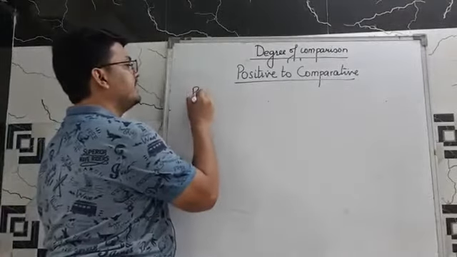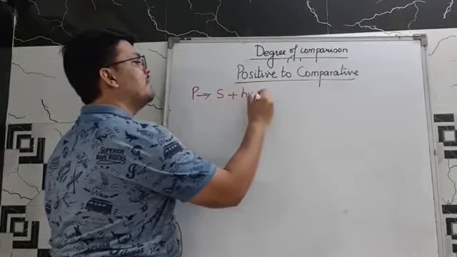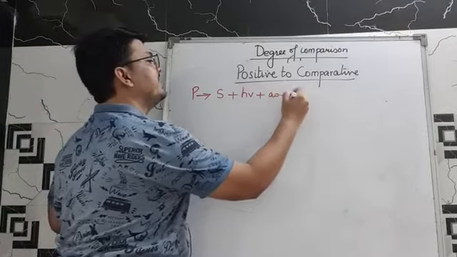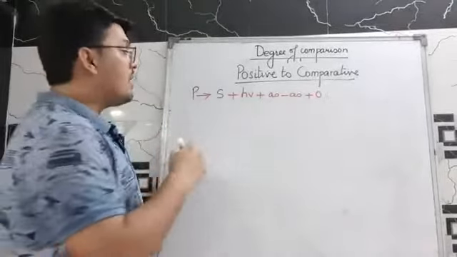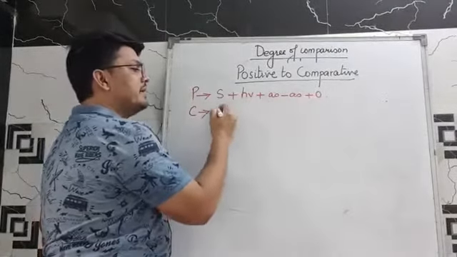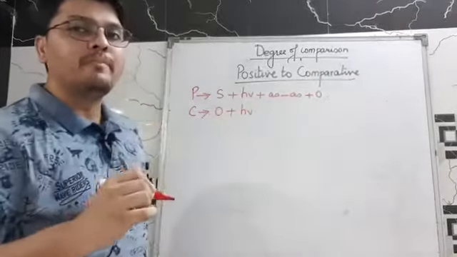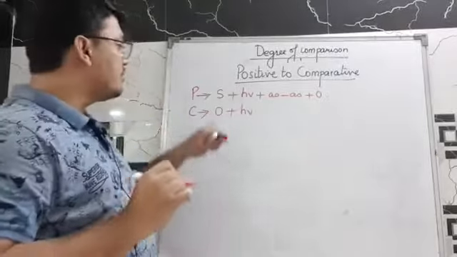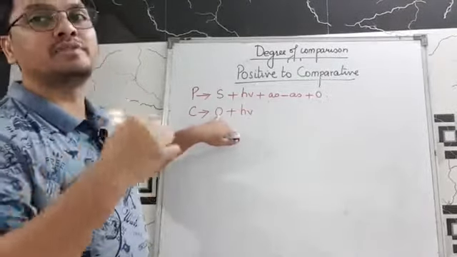Positive degree begins with subject plus helping verb plus positive degree sign as plus object. Now how will I convert it into comparative degree? Object will come here and helping verb. Now students, the helping verb will be used according to the form of the subject or object that comes here.